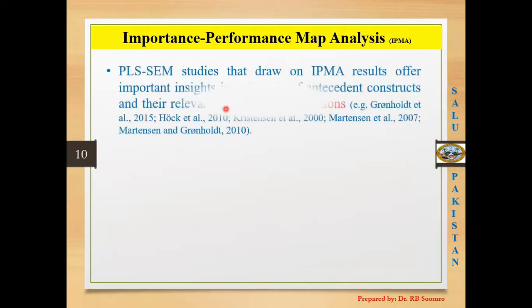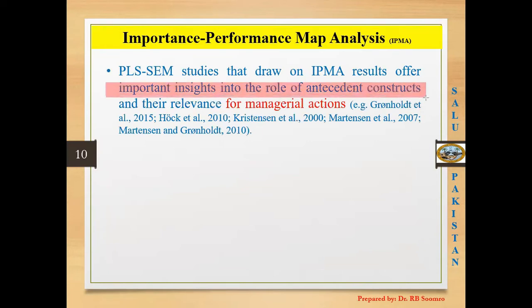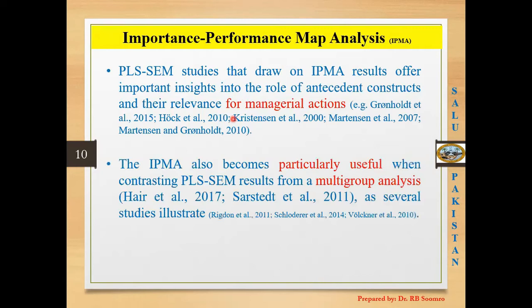And then here, PLS-SEM holds that the IPMA results offer important insight into the role of the antecedent construct. Now you know about the antecedent construct and the target construct. So basically we use this technique for our managerial actions: which construct we should improve. Another thing is that the IPMA becomes particularly useful when we are working on multi-group analysis.